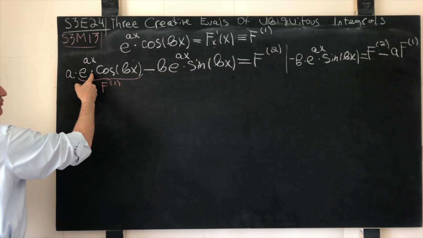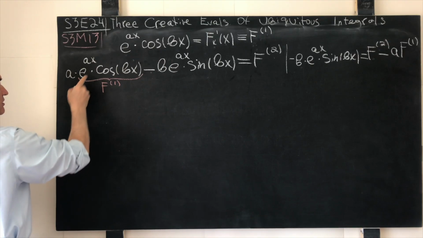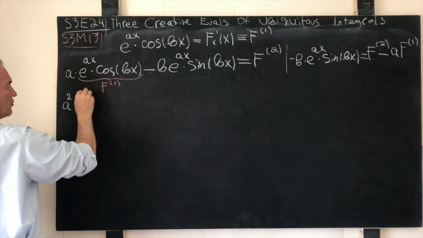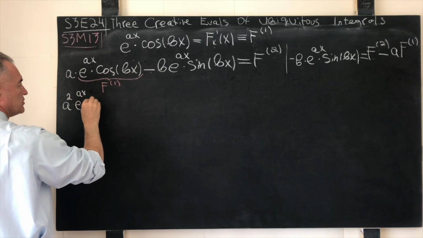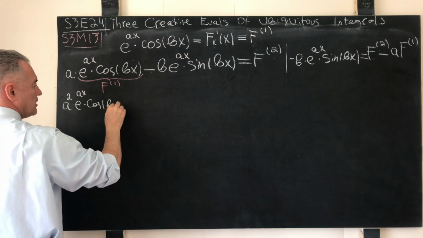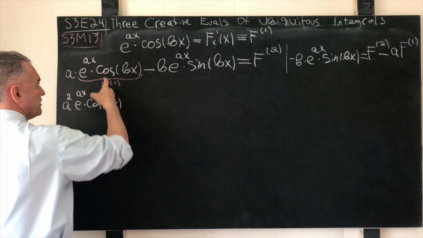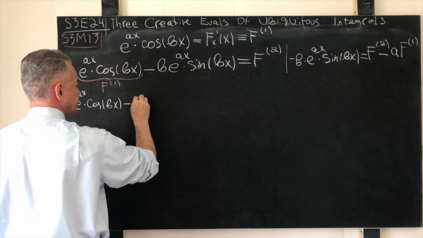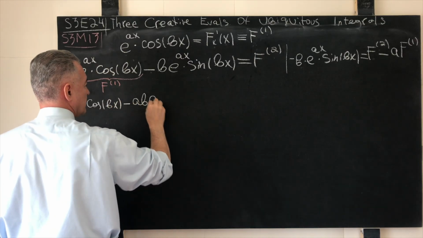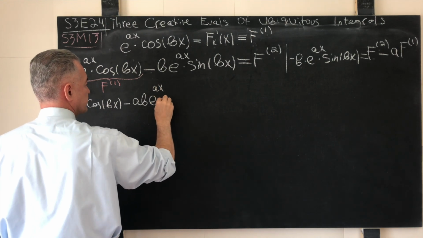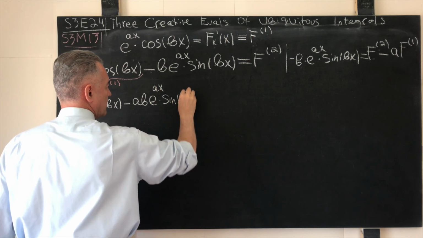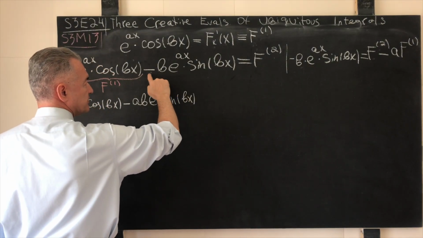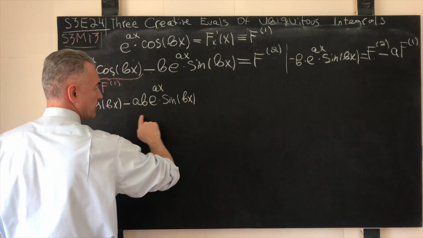The first derivative of this composite function will be a squared times e raised to the power ax times cosine of bx, and then the first derivative of cosine of bx, so it will be minus ab e raised to the power ax times sine bx. You see, this is why we expressed this minus negative b times this guy right here.